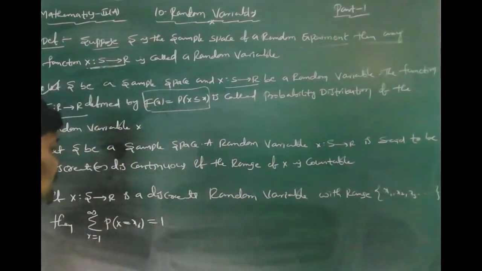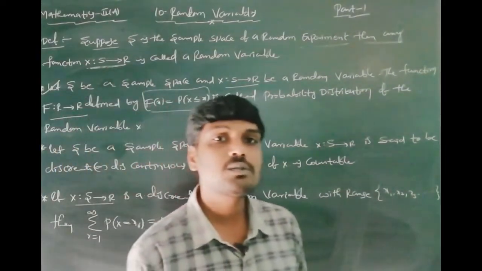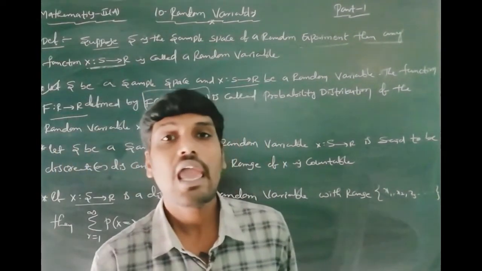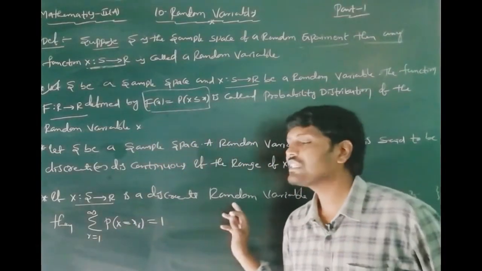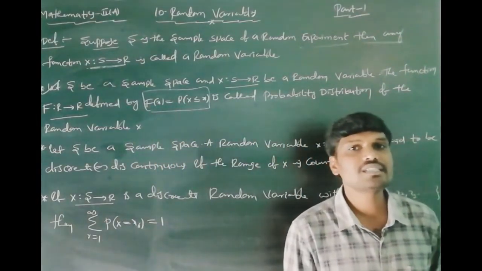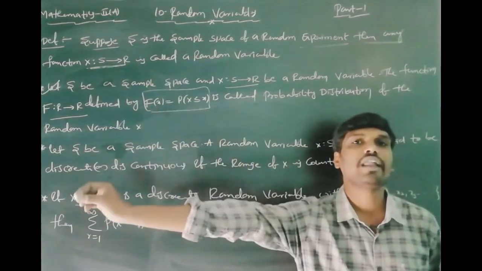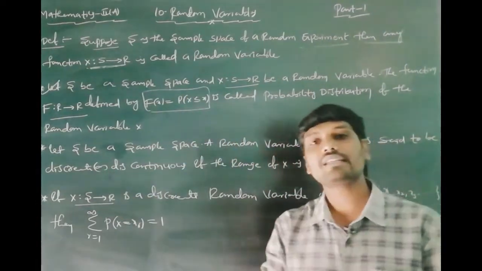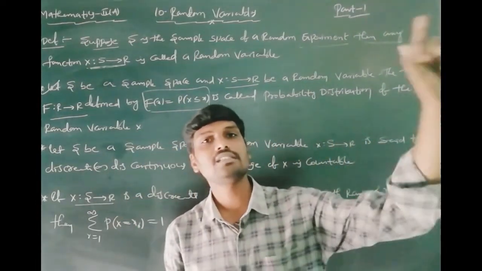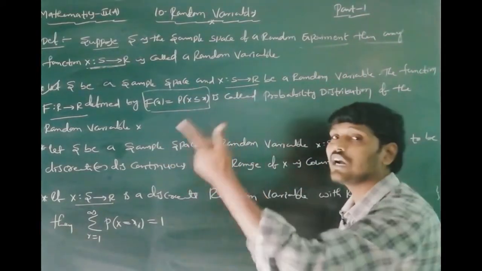Next definition: X from S to R is discrete. What is the meaning of discrete? Discrete means the range of X is a finite set or countable.